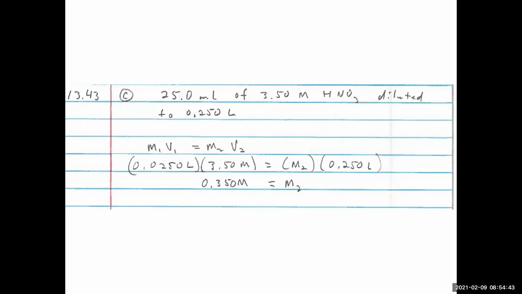In this case, I chose to convert them both into liters. Then if I solve for M2, I get 0.350 molar for that new concentration. Once again, this should look familiar, hopefully, because last semester we had this in the lab, we had it in the class, you saw it quite a bit.